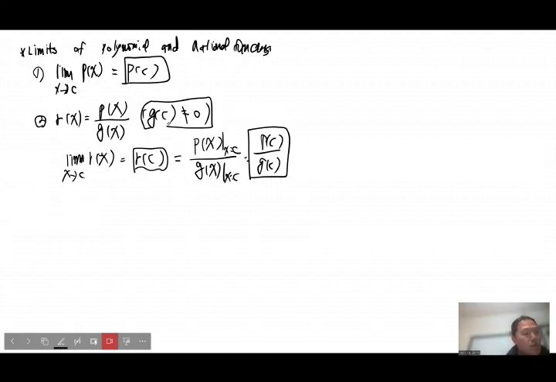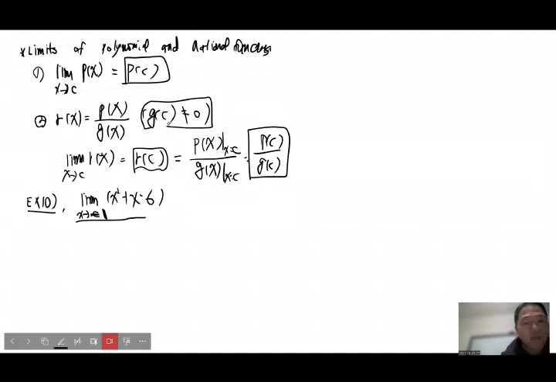So let's take a look at an example problem to find out how those rules work in case the f(x) function is either a rational function or a polynomial function. So example number 10. We want to find the limit of f(x), which is x squared plus x minus 6, in case x goes to minus 1.